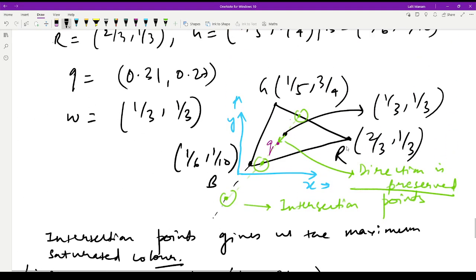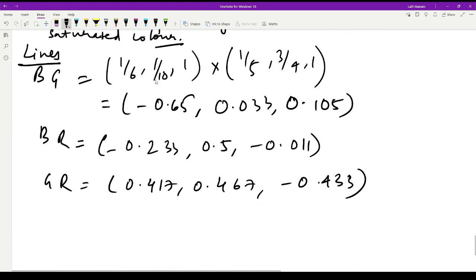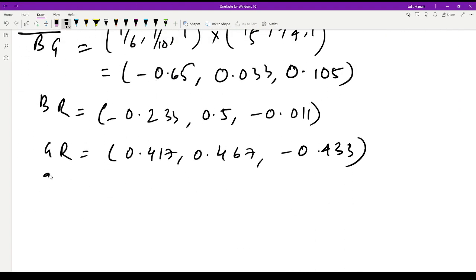So we now have the three lines. What do we do next? We need to find this QW. This is W, right? The white point. So we need to find the QW line. Again, we can just take the cross product and we get this.